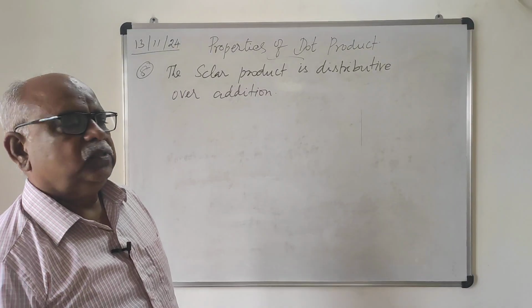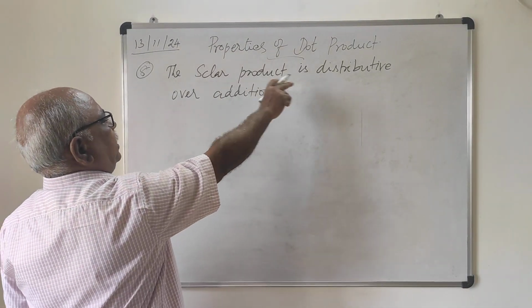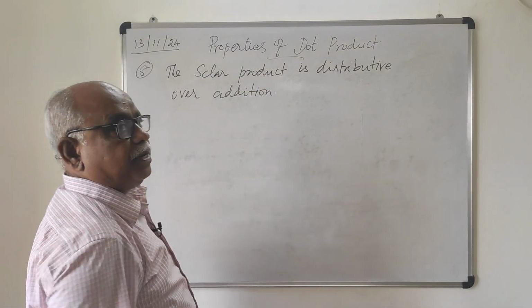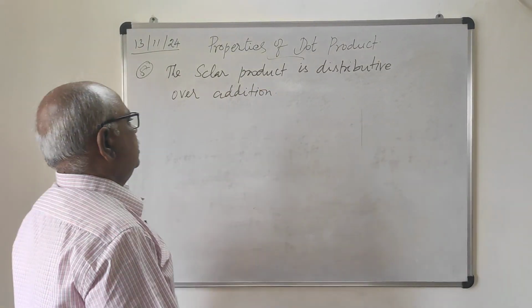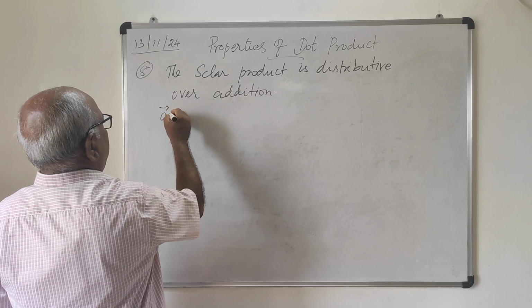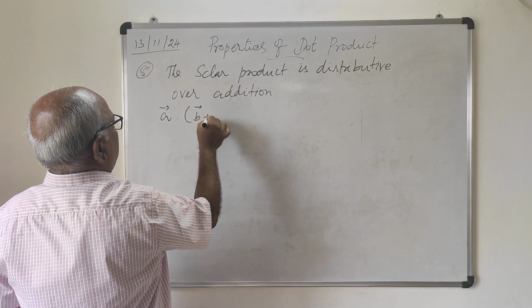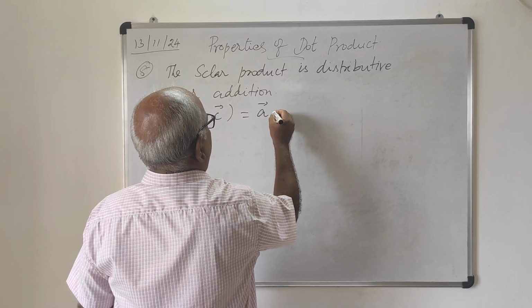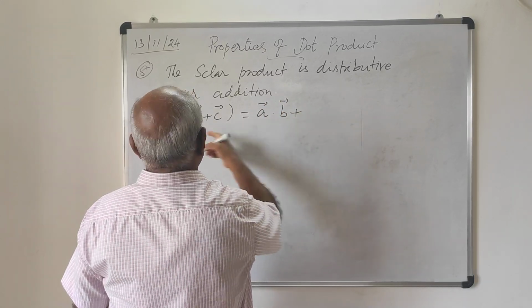Okay. Next property, the scalar product is distributive over addition. That is, scalar product or dot product is distributive over addition. That is, A dot (b plus c) vector is equal to A dot b plus A dot c.